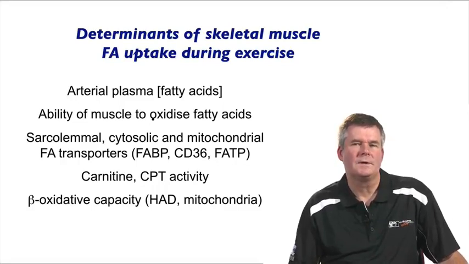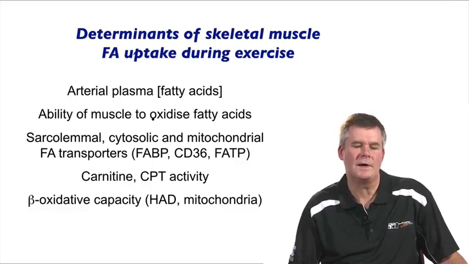And so, the major determinants of skeletal muscle fatty acid uptake are the plasma level, or the arterial concentration of those free fatty acids, and the ability of the muscle to take up and oxidize those fatty acids to maintain a diffusion gradient. There are a number of sites where fatty acid transporters are involved.